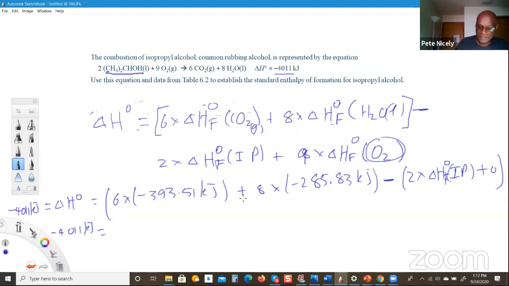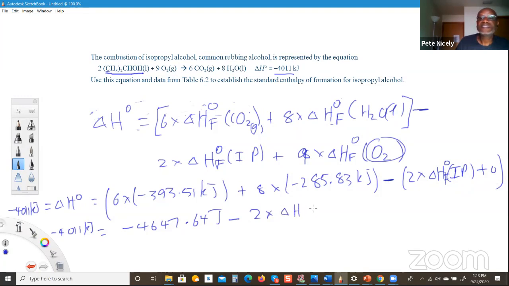So 6 times minus 393.5, and then we add that to minus 285.83 times 8. Okay, so according to my calculations, this part here works out to be equal to minus 4647.64 kilojoules.